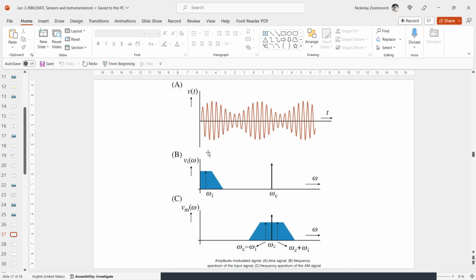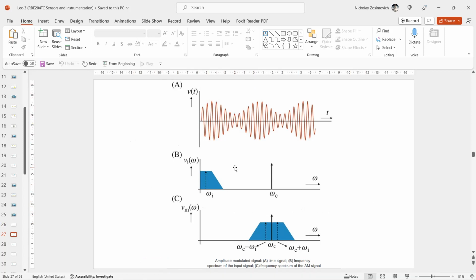The upper figure on this slide shows an example of such an amplitude modulated signal. The input signal is still recognized in the envelope of the modulated signal, although its frequency component is not present.